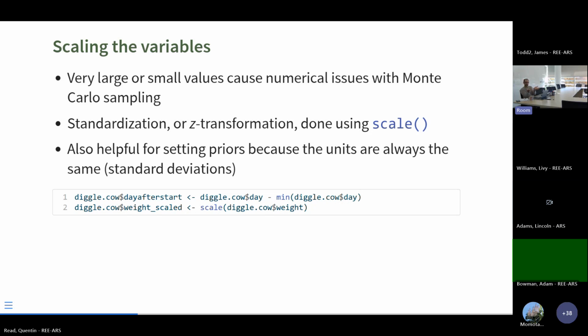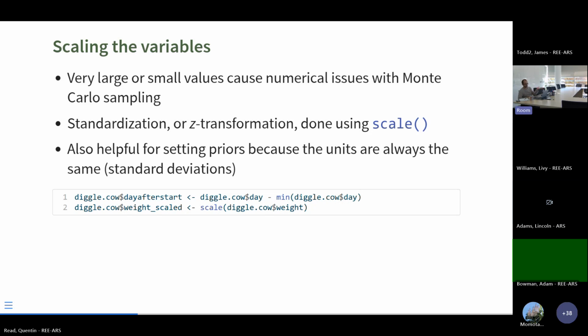It's the same exact distribution. We've either just moved it up and down, or we've multiplied or divided it by a number. So why bother with that? Well, large or small numerical values can cause numerical issues when it comes to Monte Carlo sampling, so it is often a good idea to transform.